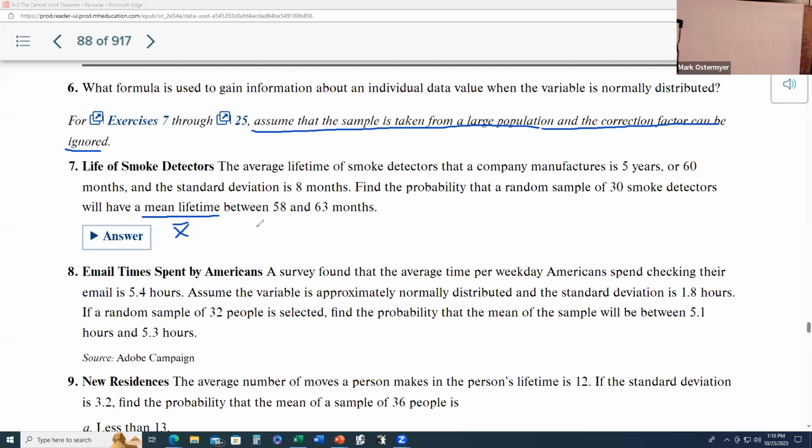So what you're really having to do here is compute the probability that if I randomly select 30 of these smoke detectors, the mean lifetime of those 30 smoke detectors will be between 63 months and 58 months. So using the normal CDF function, I want you to compute this probability for this sampling distribution.